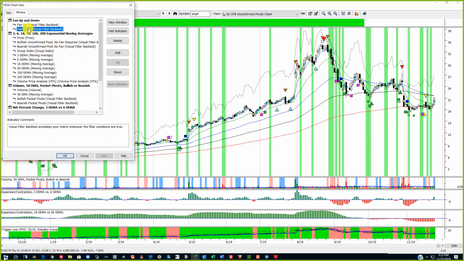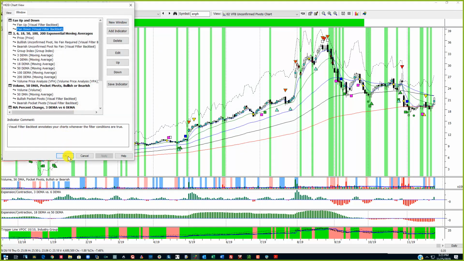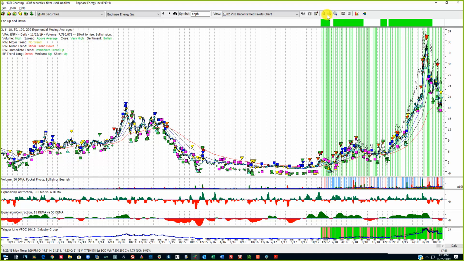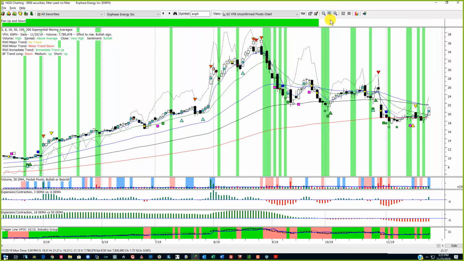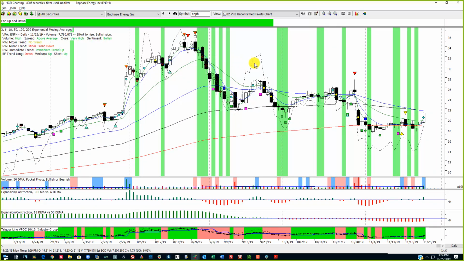Fan down. I usually just keep it on 1 year because it's faster. So even going back 2 years, you can see where the fan was in place. I don't want to spend time on that, but it's just kind of handy to have that.